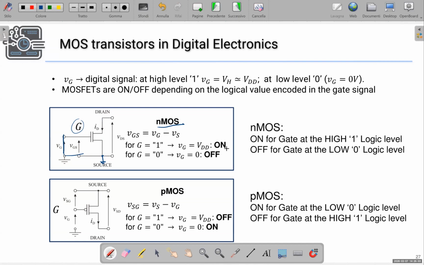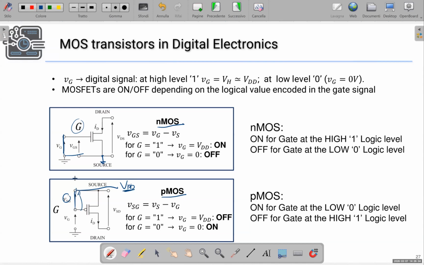an off switch. On the contrary, if we consider a PMOS device, which is driven by the source gate voltage and in which the source is assumed to be connected to VDD or to high voltage, when the gate voltage is also high, that means also connected to the supply voltage, the source gate voltage is 0, since the source is assumed to be always high.